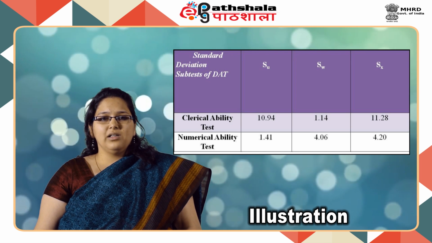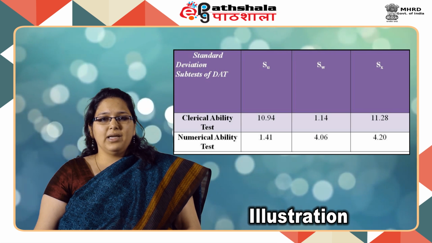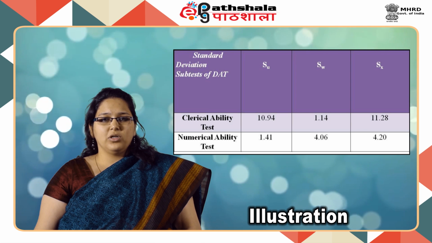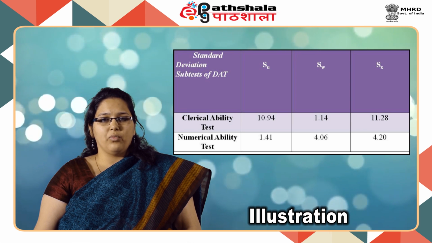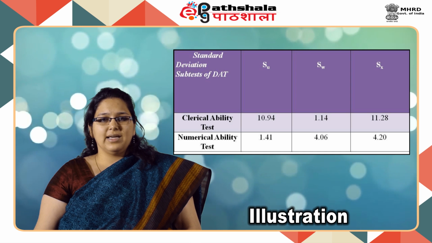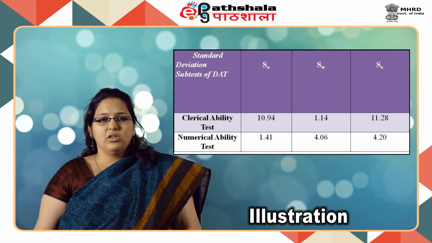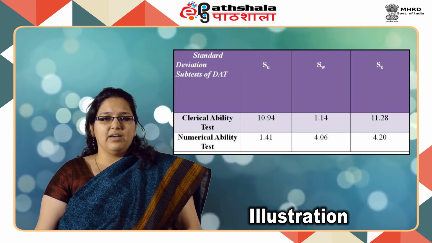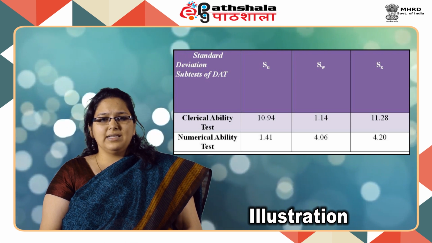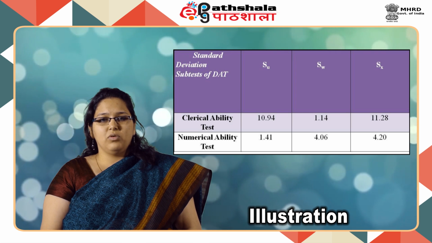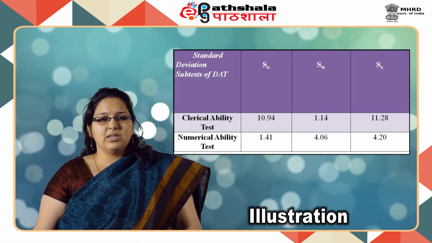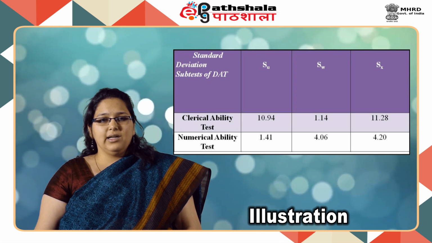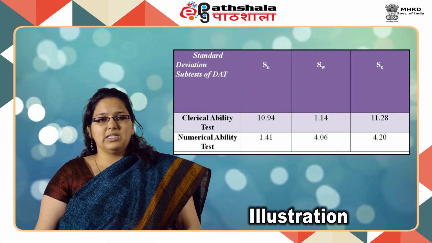Therefore, for the clerical ability test, Sw by Sx is equal to 1.14 by 11.28, which is 0.11. Su by Sx is equal to 10.94 divided by 11.28, which is 0.97. Therefore, Su by Sx is greater than Sw by Sx, which means 0.97 is greater than 0.11. Thus, the clerical ability test is a speed test.